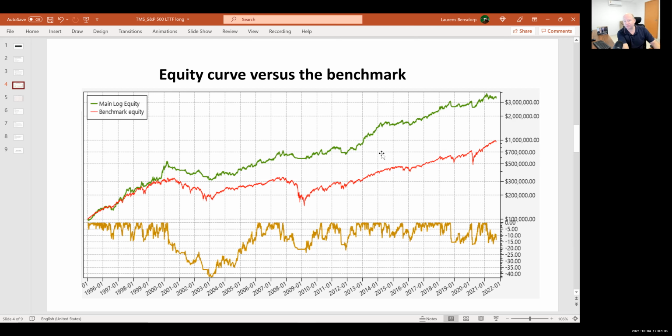Now, if we see the second drawdown over here in 2008, where the S&P 500 lost about 35% for the year, and the maximum drawdown of the S&P 500 was 56%.